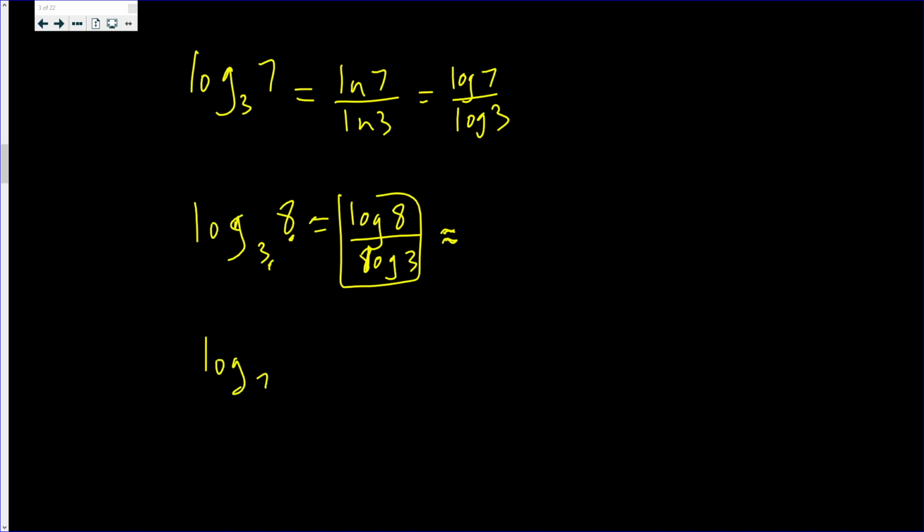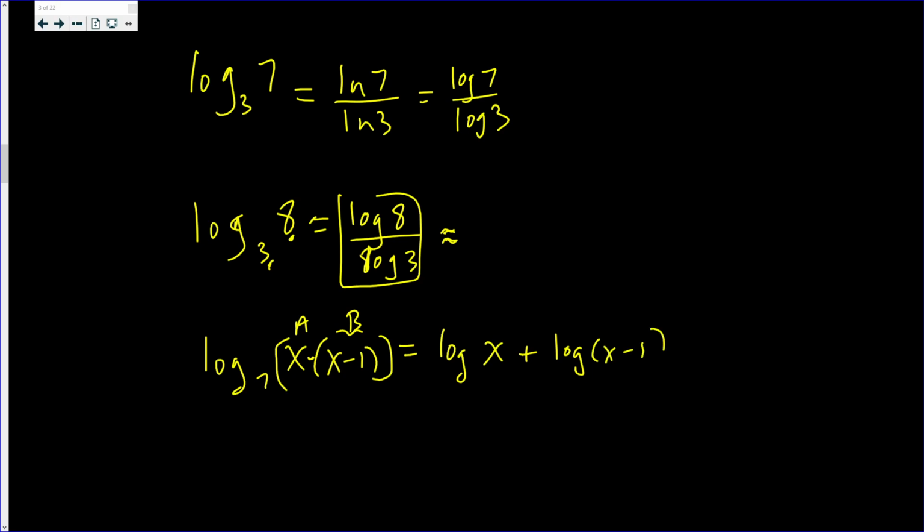Here, we want to talk about expanding. Expand this. Well, you have log of a times b. This is log a plus, because it's being multiplied, log b. And the base does not change. It is 7.